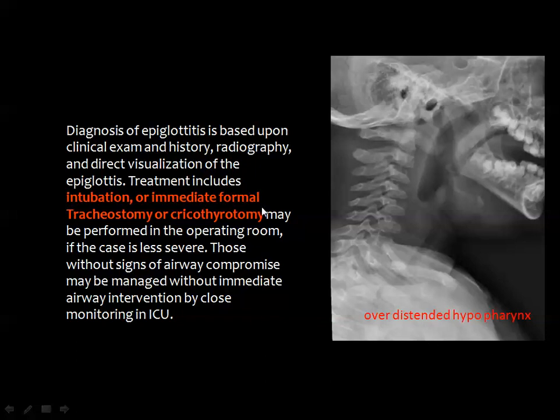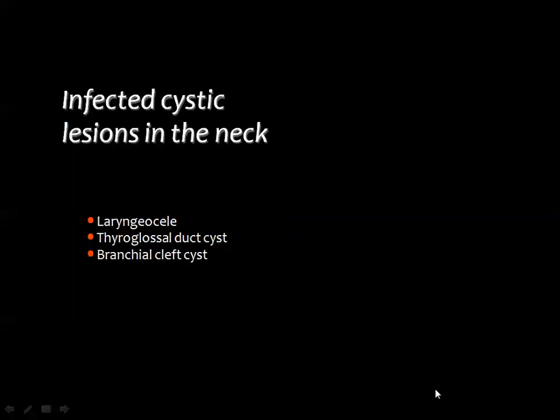The treatment includes intubation or immediate formal tracheostomy or cricothyroidotomy in order to ensure a patent airway. But if the patient has no signs of significant airway compromise, they may be managed without immediate airway interventions, without tracheostomy, for example.